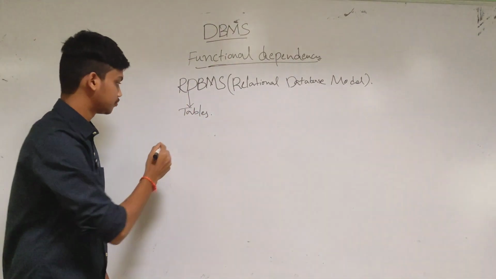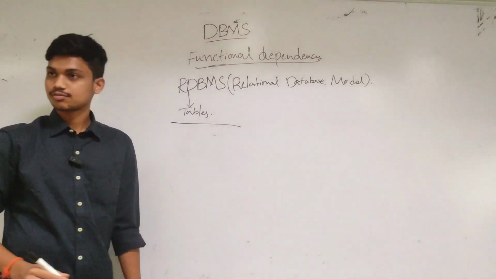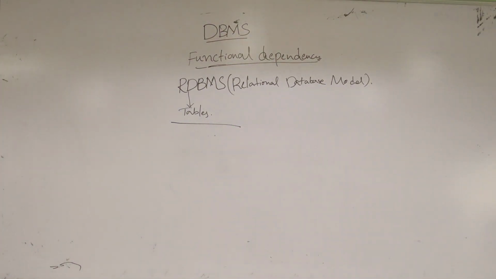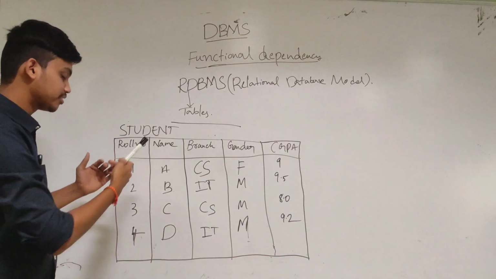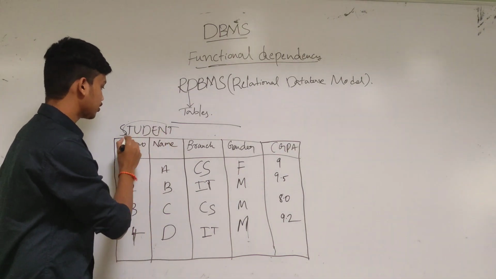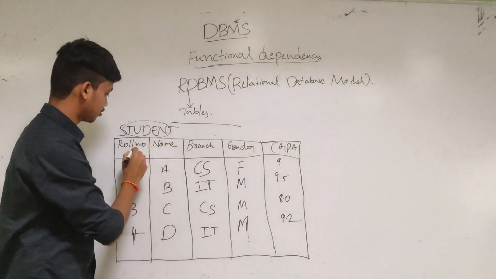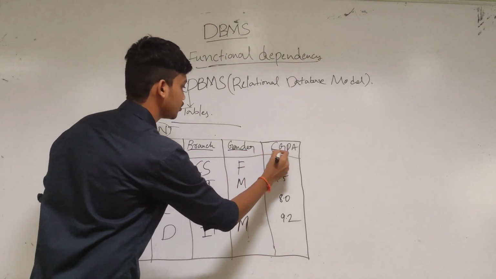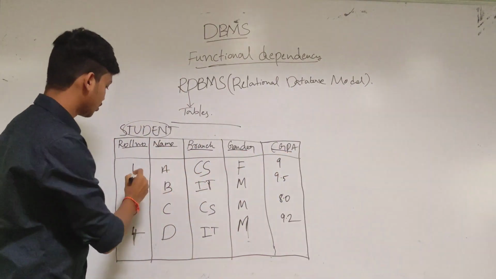For example, take this example and understand the RDBMS. This is a student database model, and roll number, name, branch, gender, CGPA are the attributes.